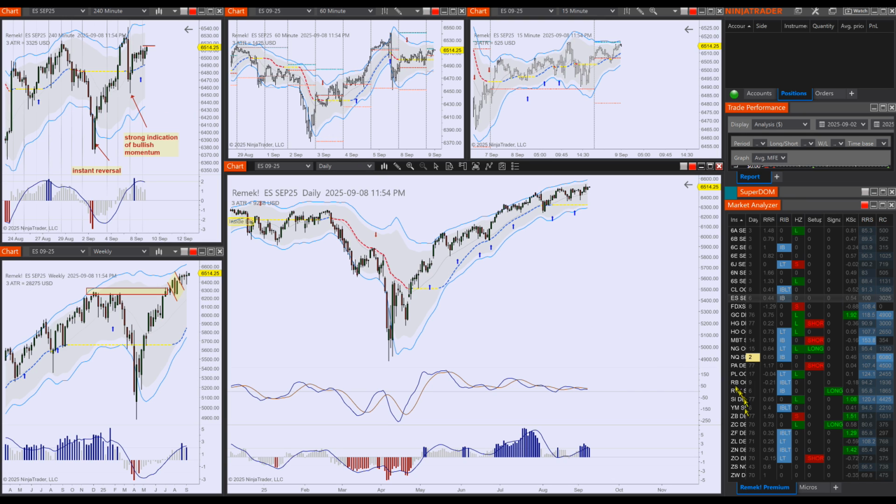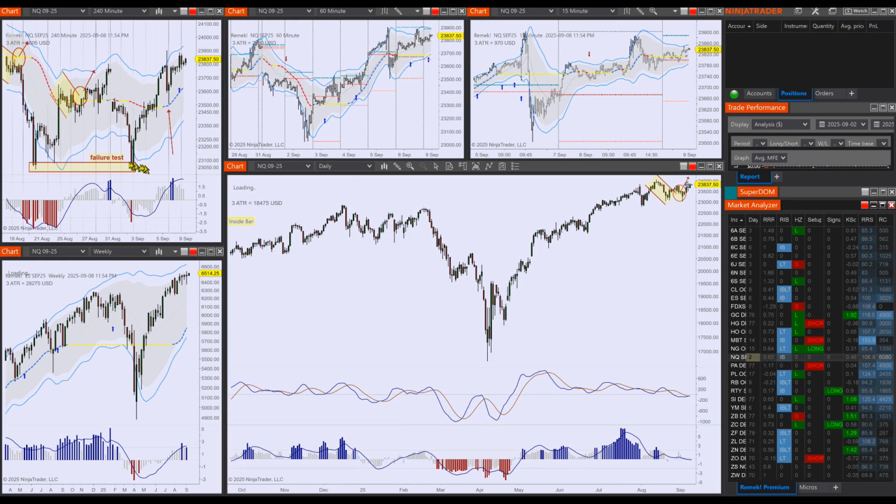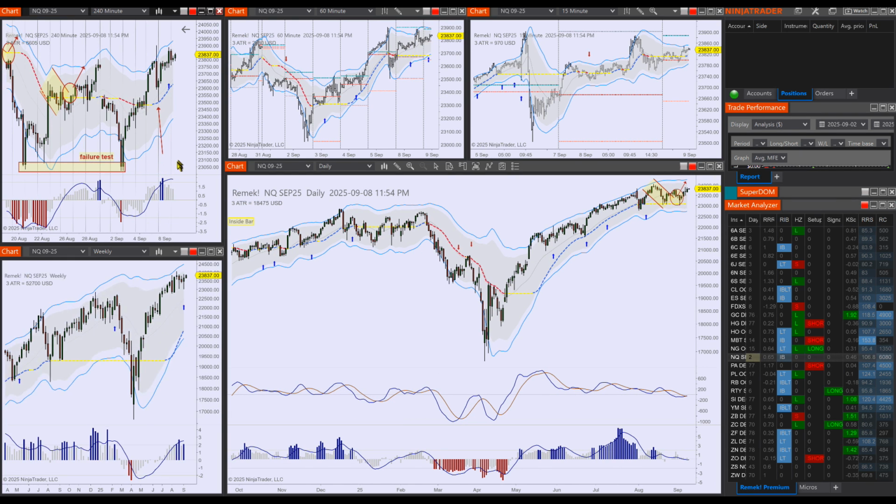And now let's move on to some other indexes. Let's continue with the NQ just to check if there's anything different here. And look at this beautiful information. Again, clues which help us to understand what may be going on here. So first of all, a couple of days ago, we had a wonderful failure test coupled with an instant reversal. You see, we had one here, went to the other Keltner.